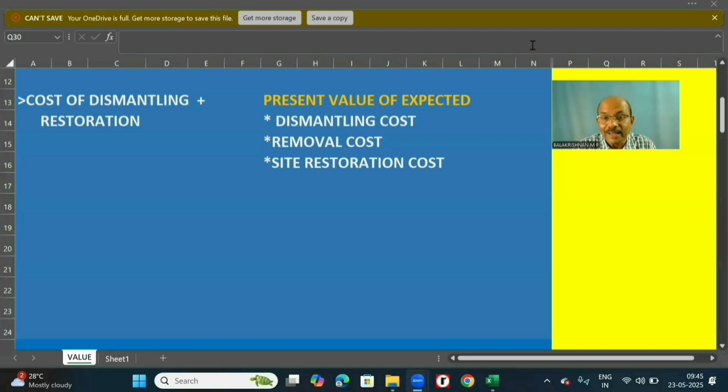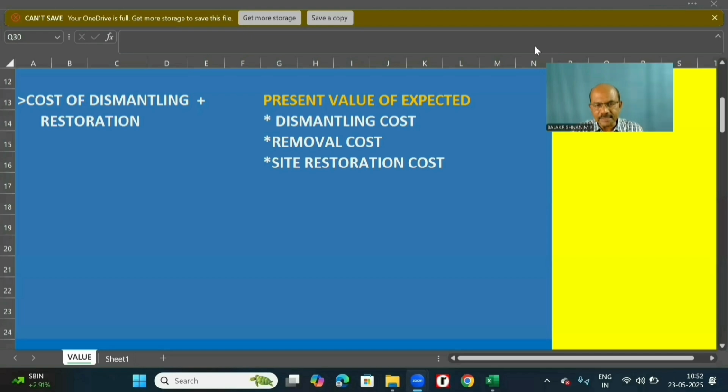For example, a company installs an oil rig or a telecom tower. The company may be legally or contractually required to remove the asset and restore the site. Even if the payment happens a year later, that is a future obligation. The present value of the cost, I repeat, the present value of the cost is included in the cost of PPE on day one.